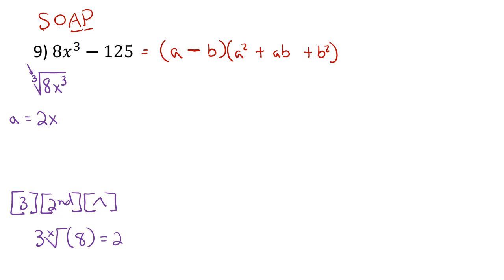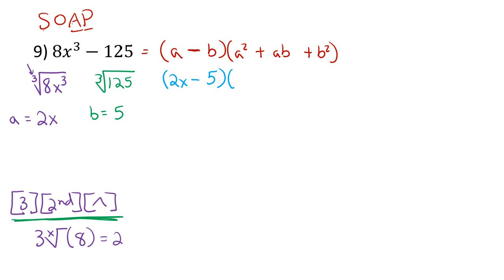Then I'm going to do the same thing for the 125, the cube root of 125. Once again, you can just type this into your calculator, and then type in 125, and it's going to let you know that the value is 5. Now that we know the A and we know the B, we can plug it into the formula. So our A is 2x, our B is 5.